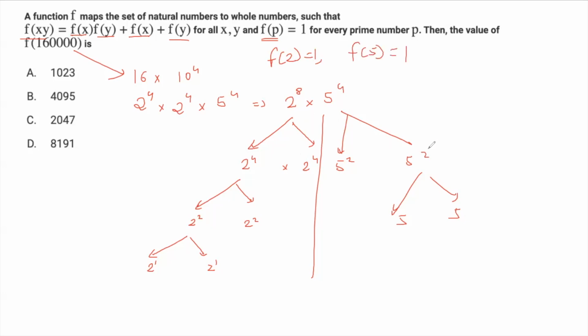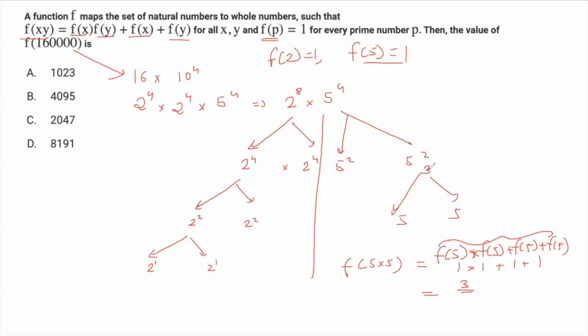So now, if I want to find out, let's say f of 25, f of 25 will be f of 5 into 5, which will be as per the definition f of 5 into f of 5 plus f of 5 plus f of 5, right? We have seen f of 5 is 1. So this entire thing becomes 1 into 1 plus 1 plus 1, which is basically 3. So f of 25 is nothing but 3 in this case.